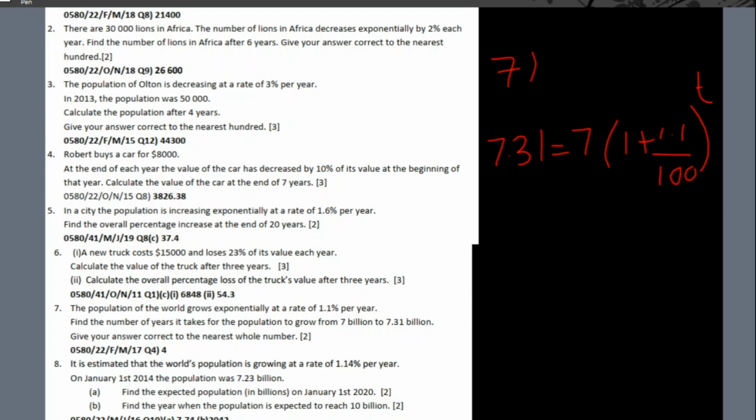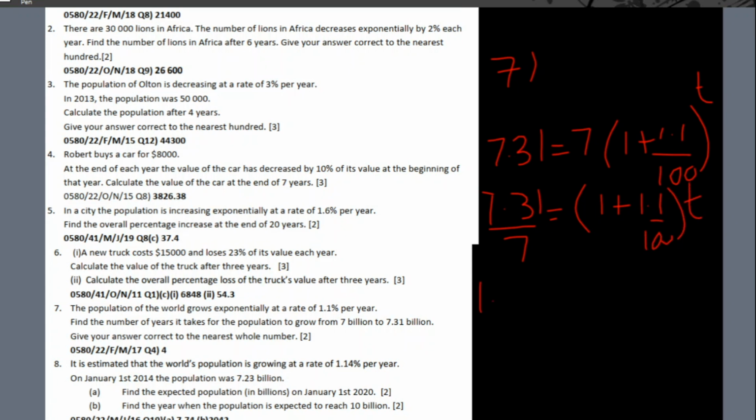So let's divide 7.31 with 7 and we get 1 point, in fact let's leave it like this, 7.31 over 7 equals 1 plus 1.1 over 100 raised to the power t.